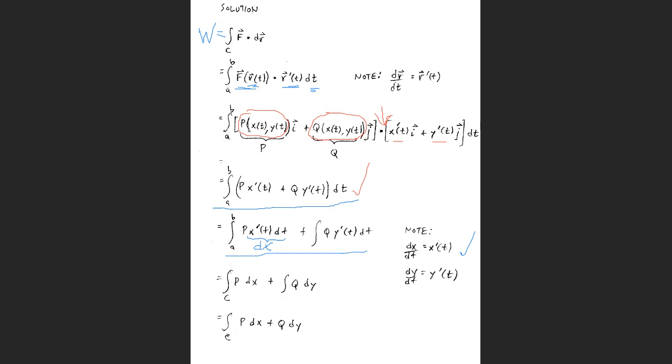And y prime of t dt is just equal to dy, by virtue of the fact that dy/dt equals y prime of t, hence dy equals y prime of t dt. And so you end up getting the sum of the two line integrals, one with respect to x, one with respect to y, and hence the final result, which is a notational result.